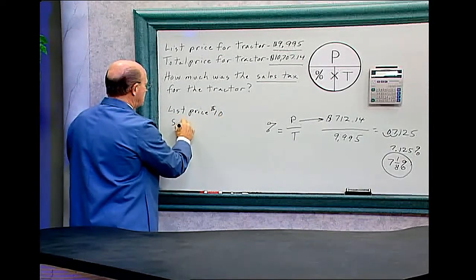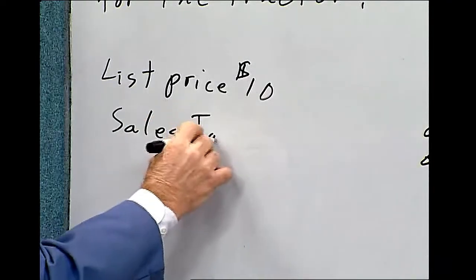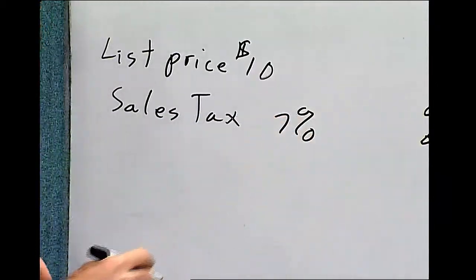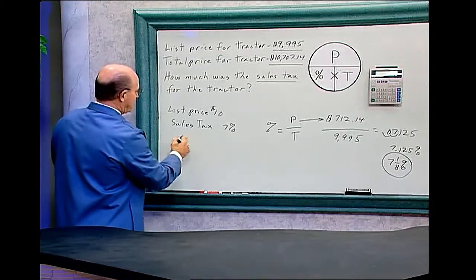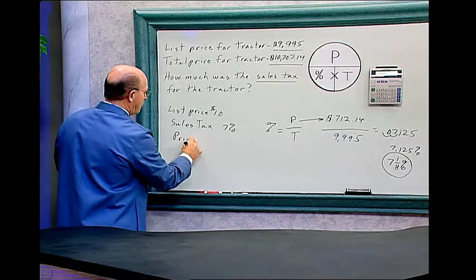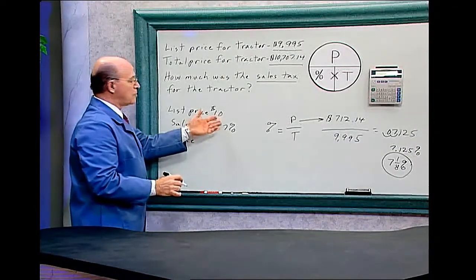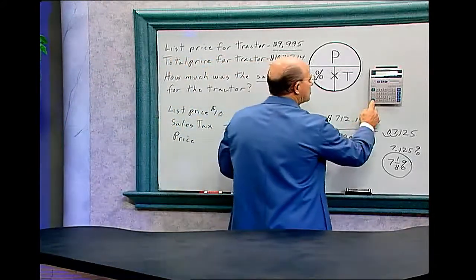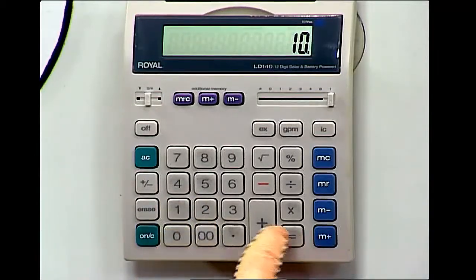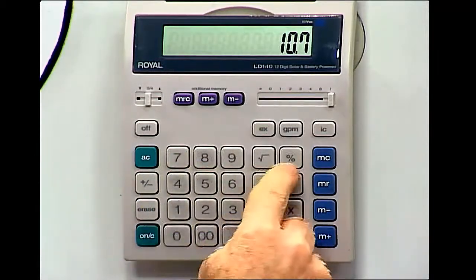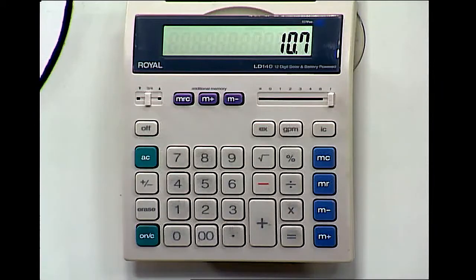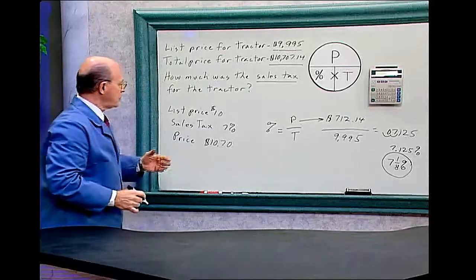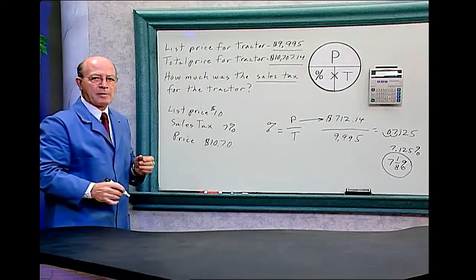The sales tax, and you make this up, something very simple, 7%. Now, 7% of $10 is 70 cents. But let's just do it in the calculator, make sure, so you can see it. $10 plus 7% equals $10.70. So now you made yourself a very simple problem.